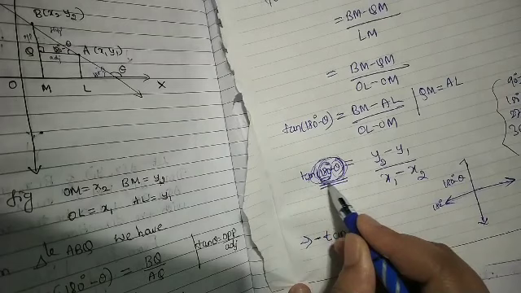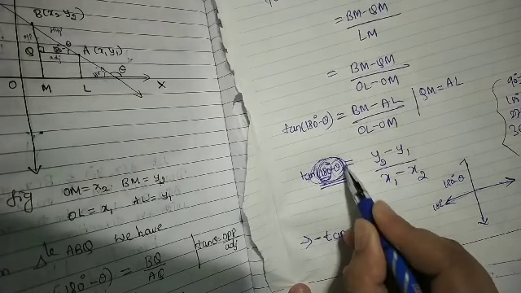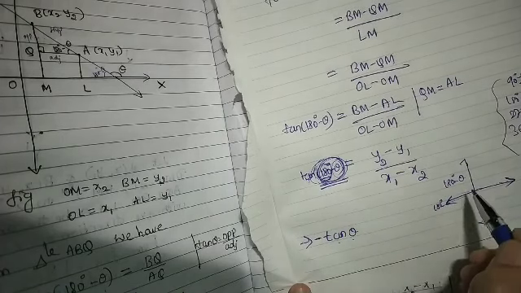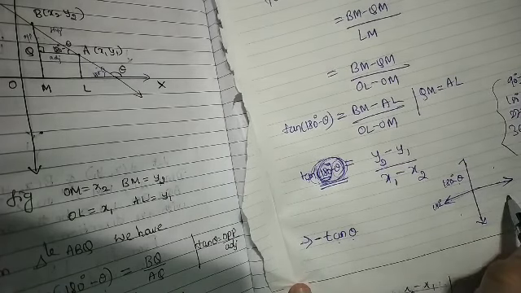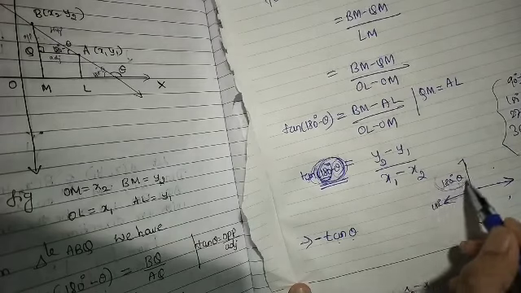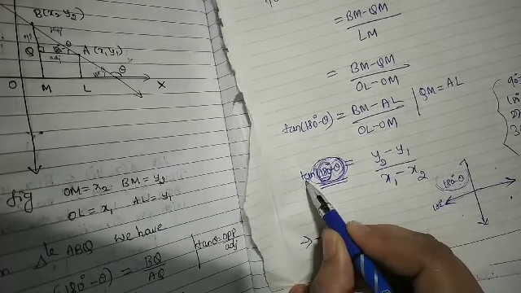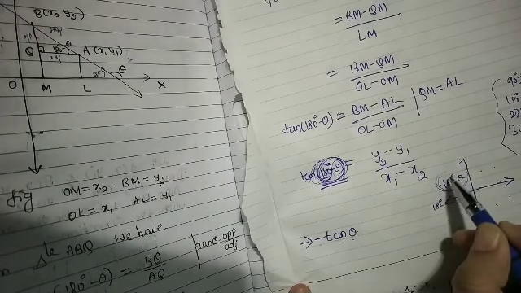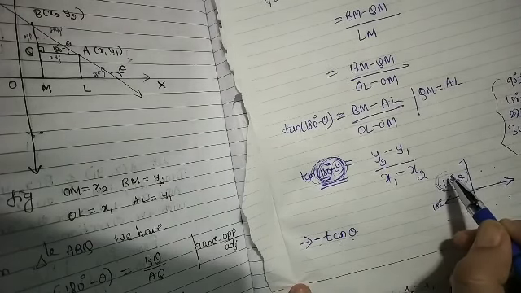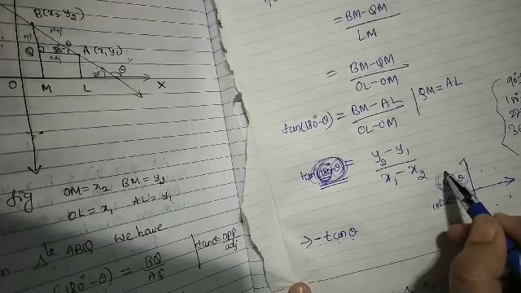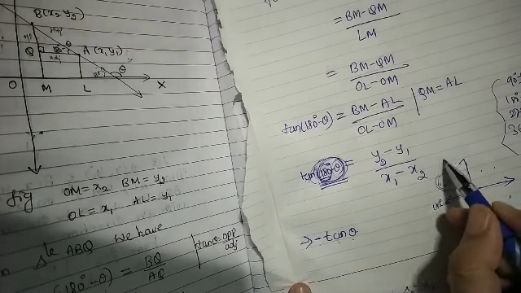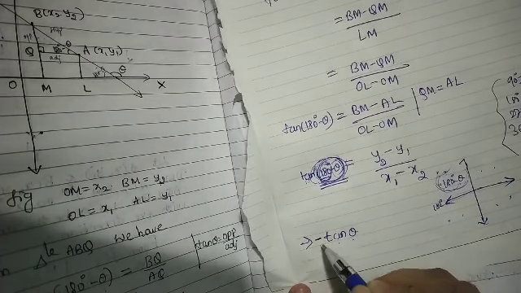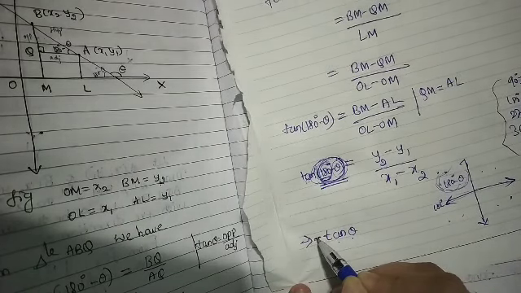The next, second condition, is that the sign is taken according to the quadrant rule, the ASTC rule. In the second quadrant, sin and its reciprocal cosec are positive, and the other four ratios will be negative. Therefore tan is negative in the second quadrant, so we consider the negative sign.